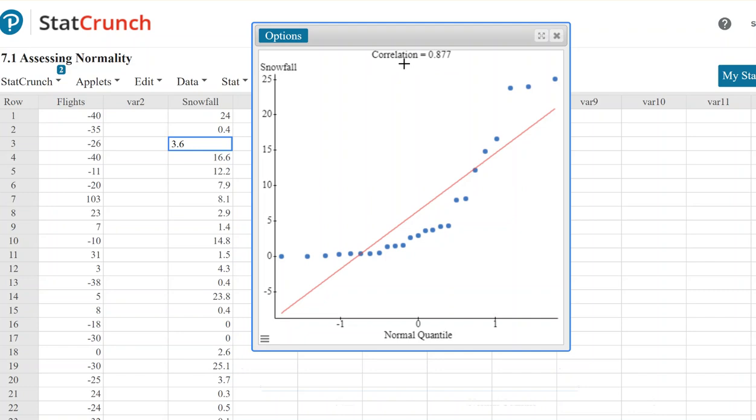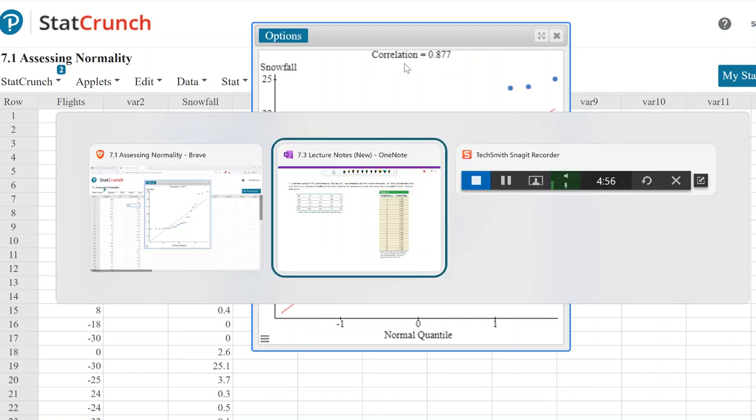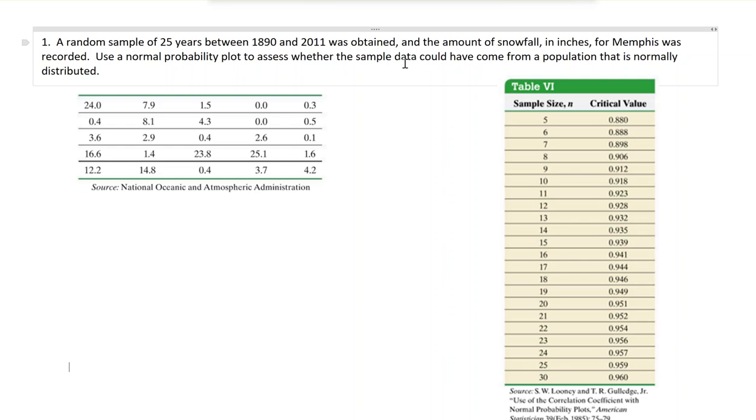So this is R, and it's equal to 0.877. So let's go back to what we were looking at. When R for our data is equal to 0.877, we're going to evaluate that with a critical value that comes from a table that you need to be given.